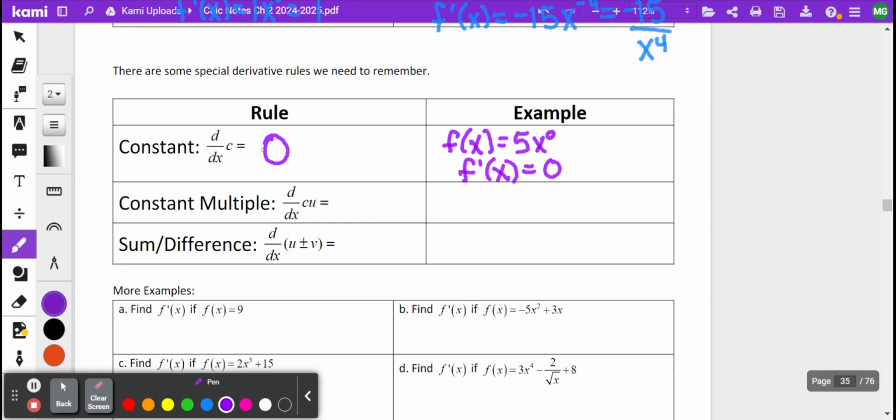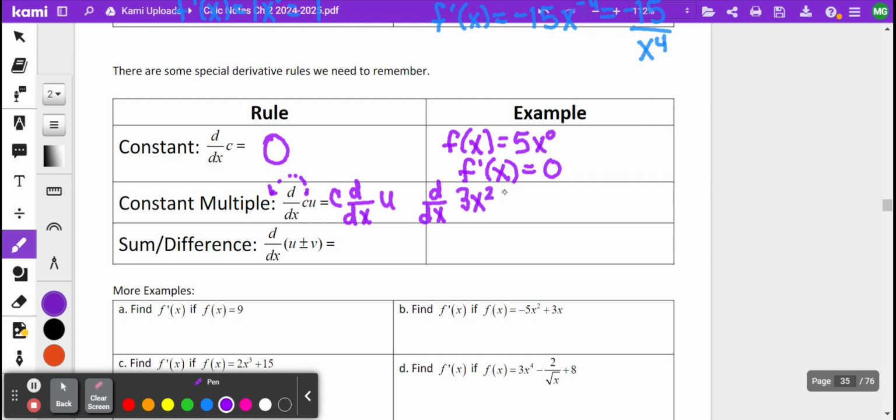The second one, I don't really use too much, but if we were taking the derivative of a constant times a value, what we could actually do is pull that out in front and then take the derivative of what was left. So an example of this would look something like this. Take the derivative of 3x squared.